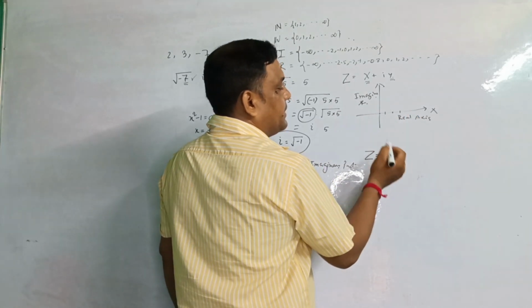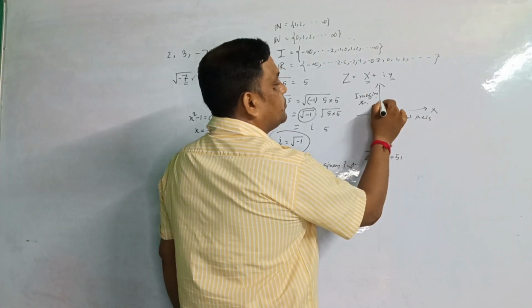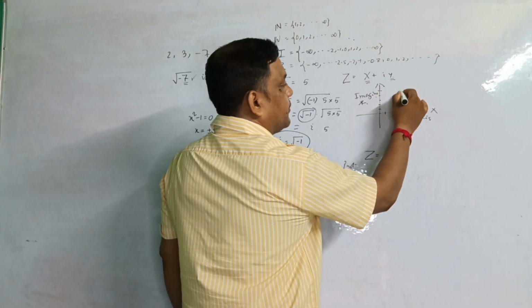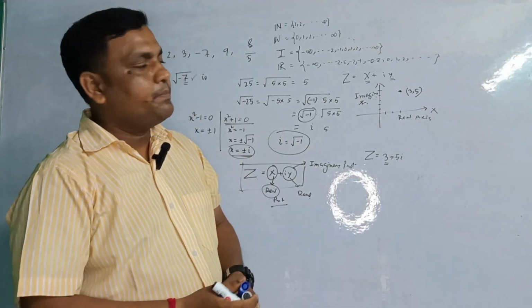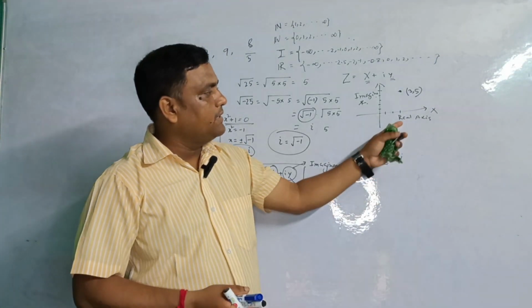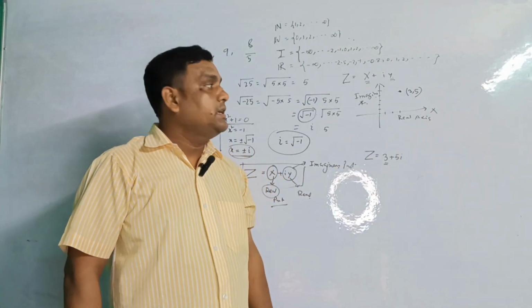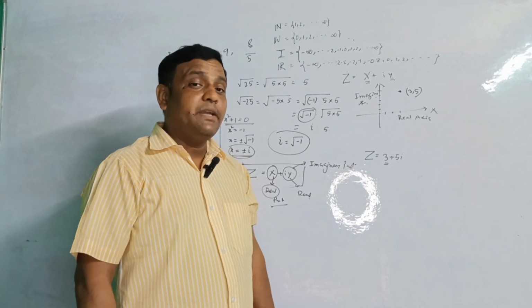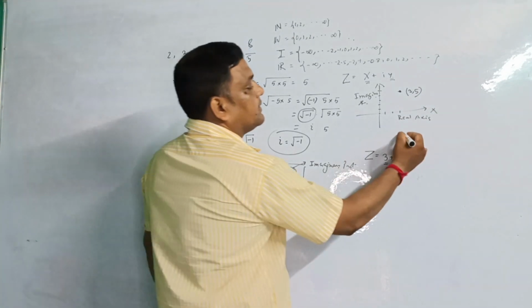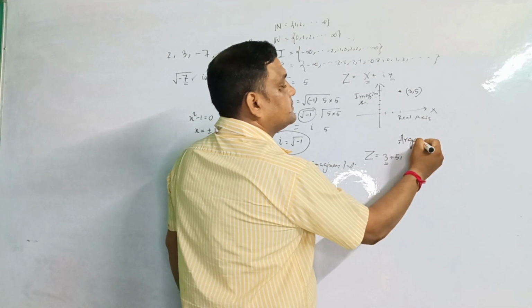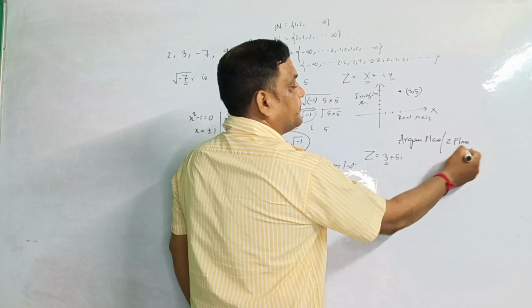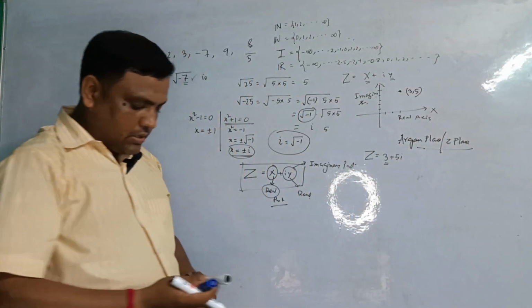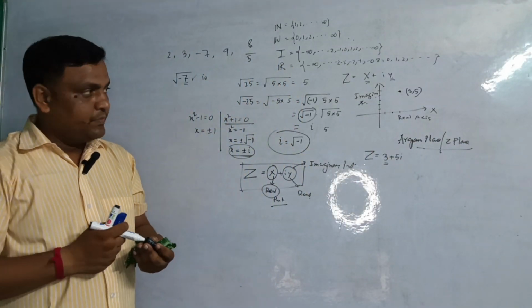And on the imaginary axis it is 5: 1, 2, 3, 4, 5. So the point is (3, 5), and that plane is called the imaginary plane, or the Argand plane.